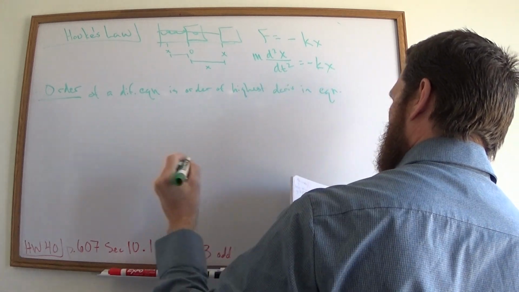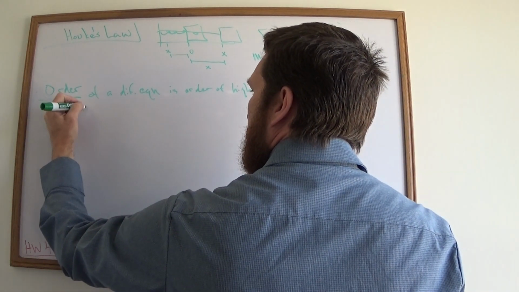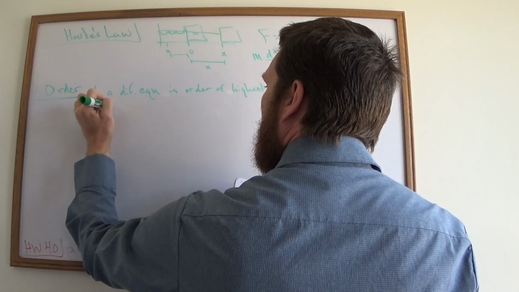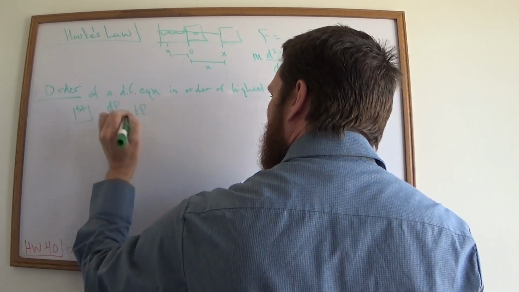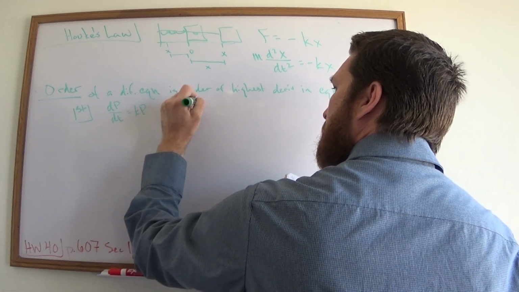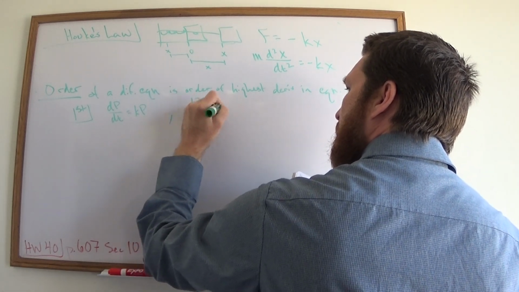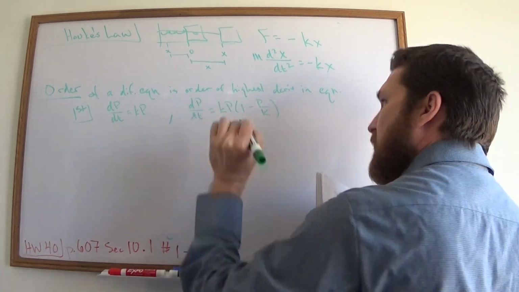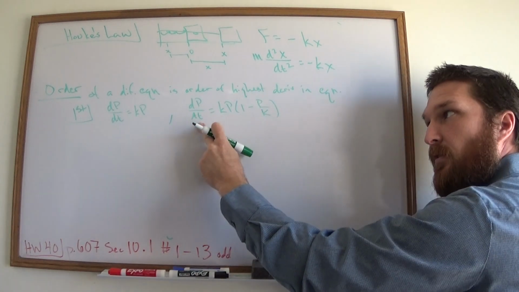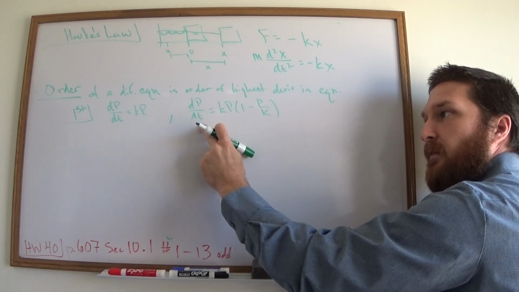So first order, an example of first order was our first one we worked on, dp dt equals kp. Another one was dp dt equals kp times 1 minus p over big K. That's also first order because the highest order that showed up was the first derivative.